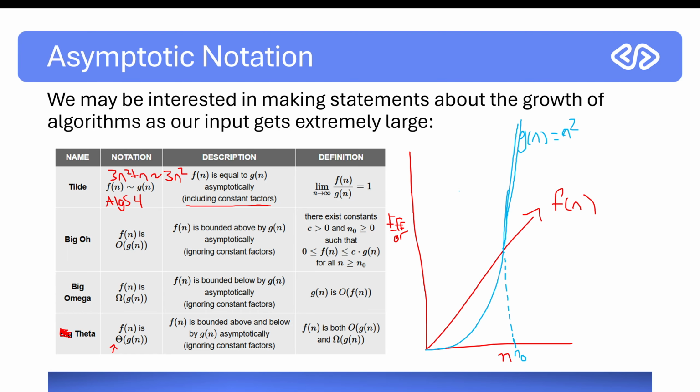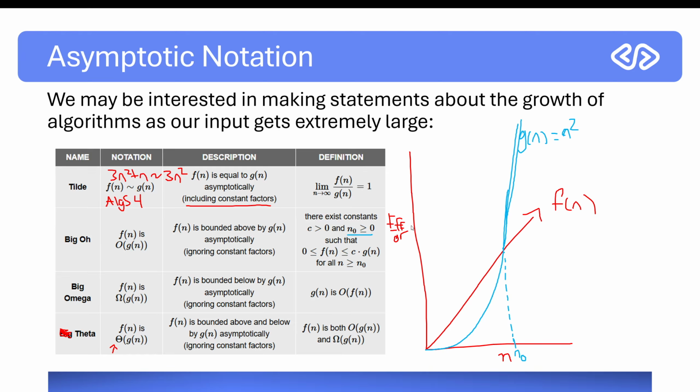But we can also say something about the lower bound too. This n naught point here is just saying where the proposition holds for it always being less than or equal to. So f of n is always less than or equal to n squared at this point here.